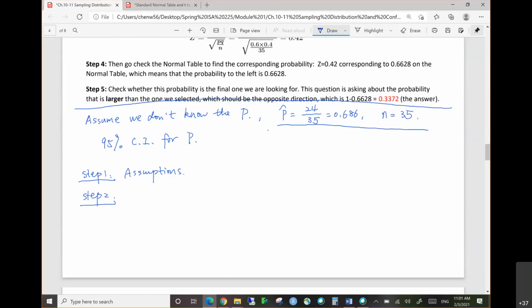In step 2, we just follow the formulas to calculate the confidence interval. Since we are looking for the confidence interval for the proportion, we have the formula: p hat plus or minus z star times the square root of p hat q hat over n. So we have our p hat, which is 0.686, plus or minus z star.